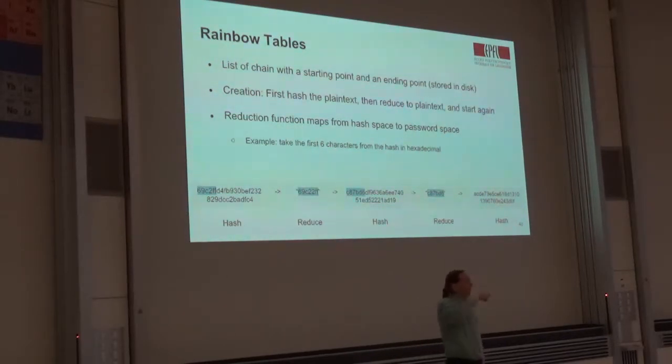So within each row, we're using these progressive hashes to just bounce around the search space pseudo-randomly, finding different potential passwords and what they hash to, right? Password, what it hashes to, password, what it hashes to, and so on. But we're not going to store all of those. Instead, we're going to do a bunch of those things and then just store the one hash at the end of each row, okay?